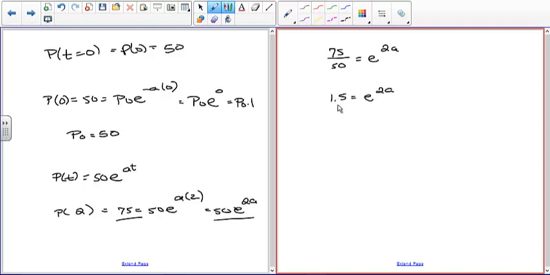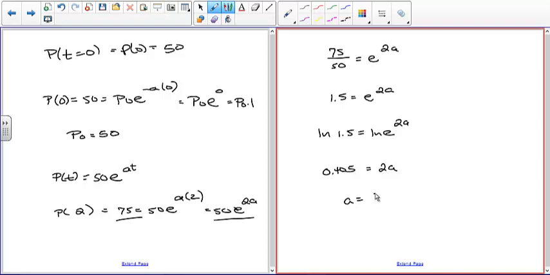Now to be able to solve for a, we take the natural log of both sides. Natural log of 1.5 equals the natural log of e to the 2a. So the inverse properties of logarithms and exponentials say that the natural log of e to something is just that something. So we get 2a over here. And the natural log of 1.5 is 0.405.